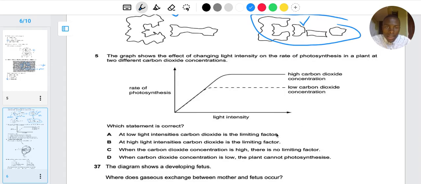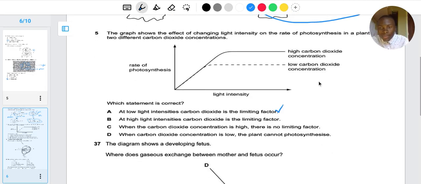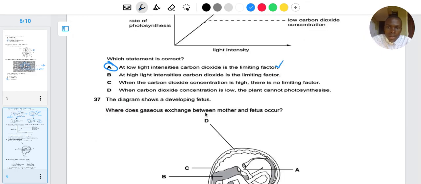This is because at this point, when carbon dioxide is low, even the rate of photosynthesis is going to be low. The concentration of carbon dioxide relates to the rate of photosynthesis, as well as the light intensity. Okay, I'm saying this is A, so the other options are wrong.